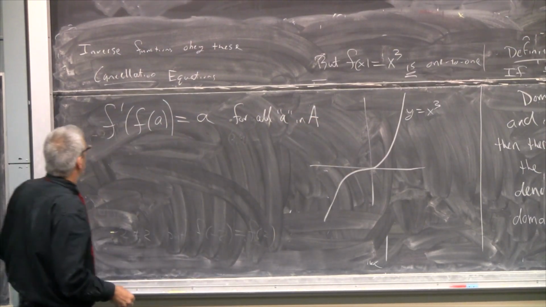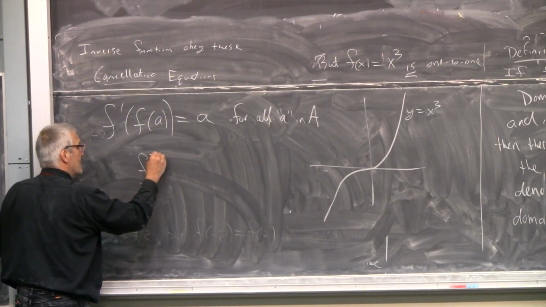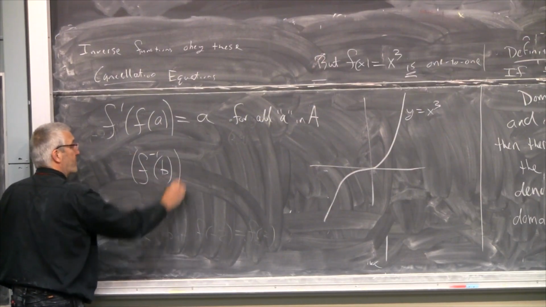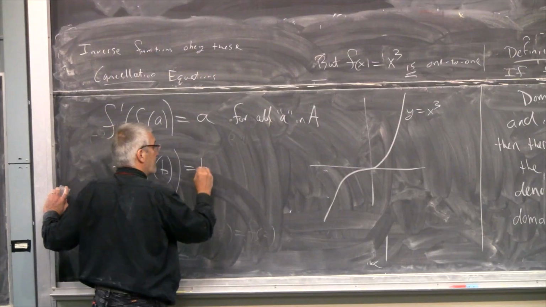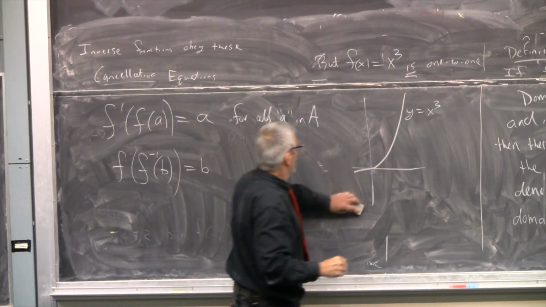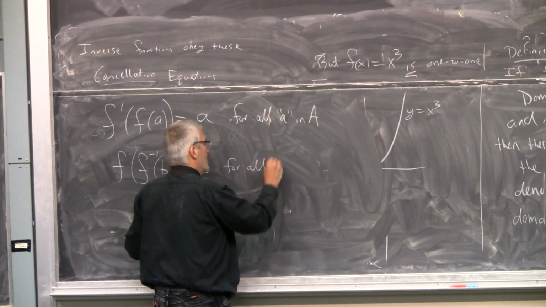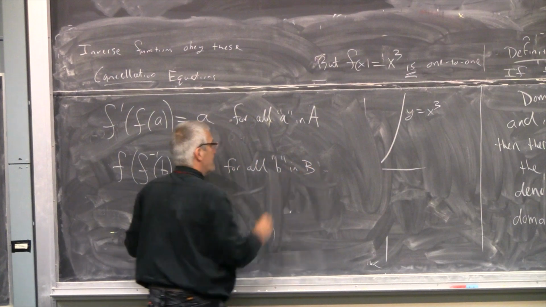And there's another cancellation equation: if I take a number little b that's in the set capital B, and I apply f inverse to it, and then f, I get my little b back again. This is true for all b in set capital B.